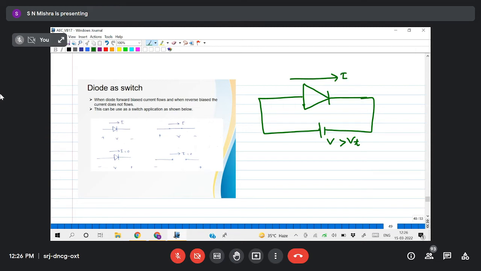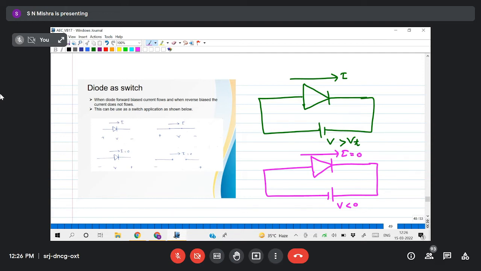And when the diode is reverse biased, that means V is negative, then current is 0.